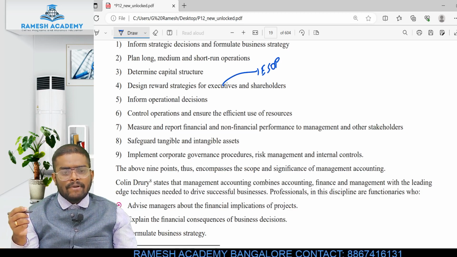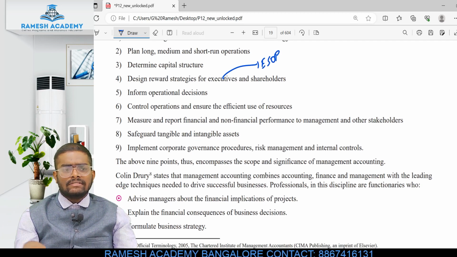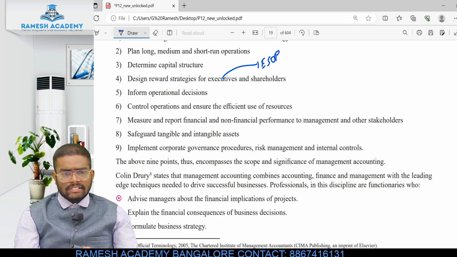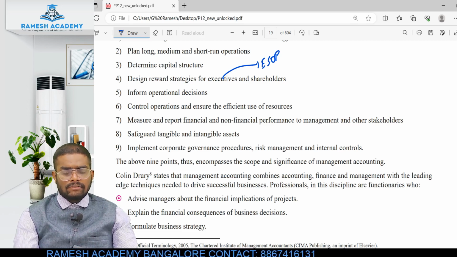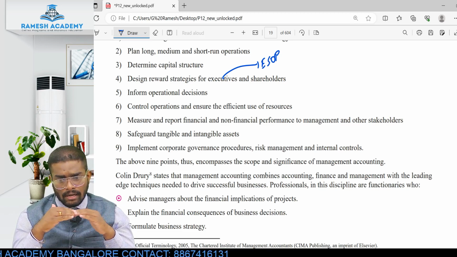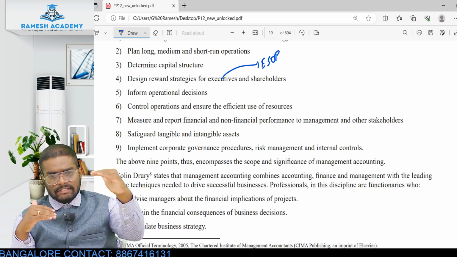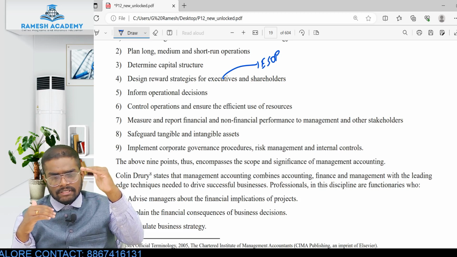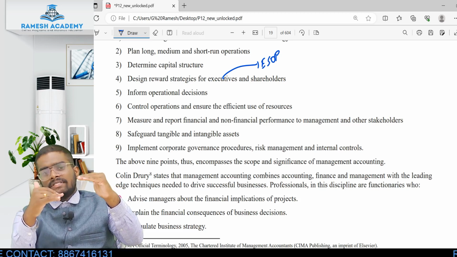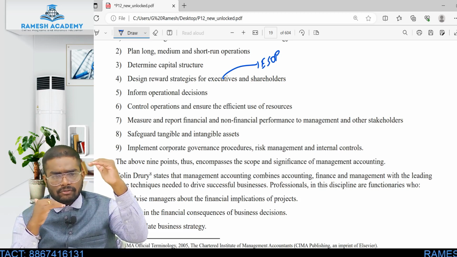So, inform operational decisions. Operational decisions in the sense to purchase the goods at a price where the company can make profit. So the production department may tell that please set the price at this much, maybe 100. The purchasing department may purchase at 90, but the same quality of goods.